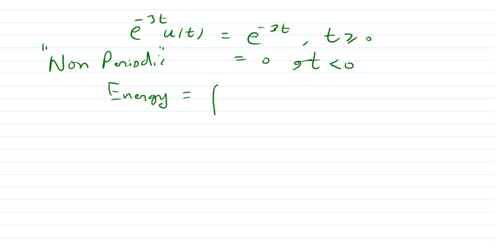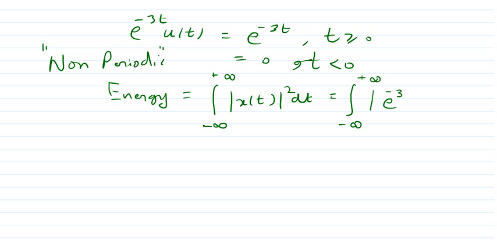It is the integral from minus infinity to plus infinity of modulus of x(t) whole square dt. So it is the integral from minus infinity to plus infinity of modulus of e raised to the power minus 3t into u(t) whole square dt. Now we can apply the property of the unit step function.